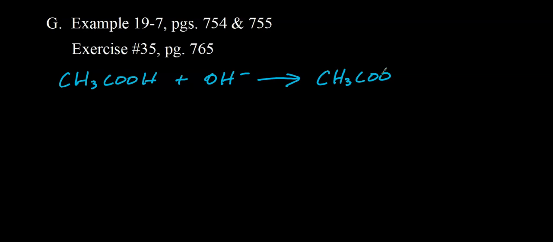let me make sure I got this right, CH3CO2 minus and some water. And again, we want to deal with moles of each substance. The book uses millimoles, I believe, so we'll do that. That's fine. So take 400 milliliters times 0.200 molar, and you get 80 millimoles of acetic acid.